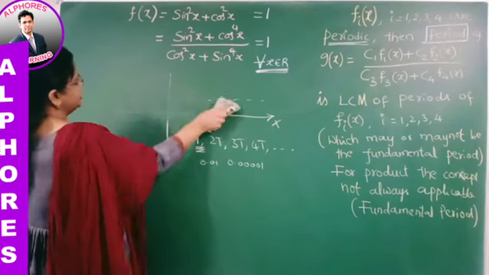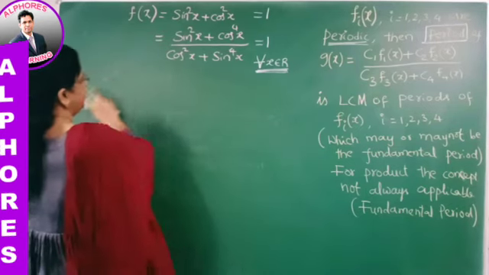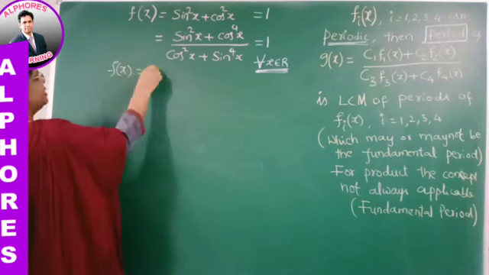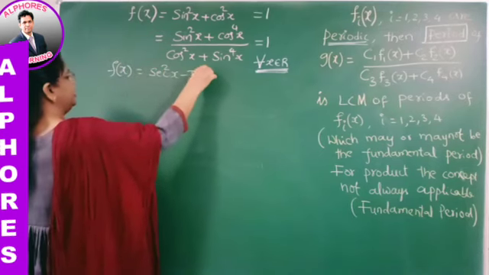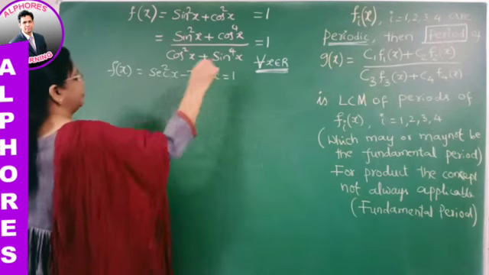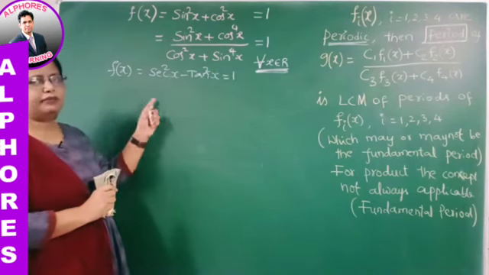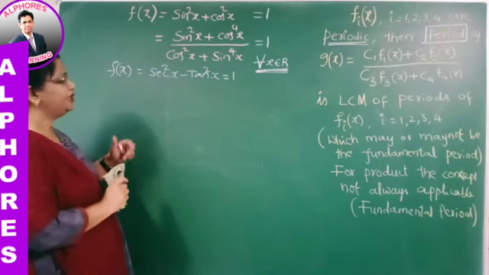Because let us consider one more example. Suppose I take f of x equal to secant square x minus tan square x, and you know clearly this value is 1, no doubt at all. That doesn't mean the fundamental period is indeterminate here. Why so?